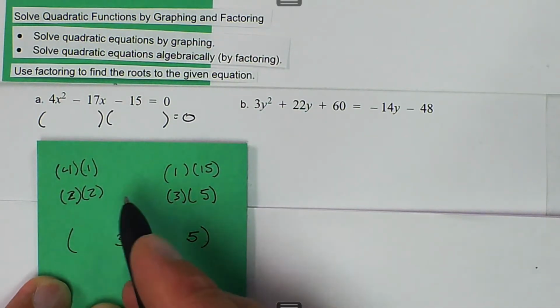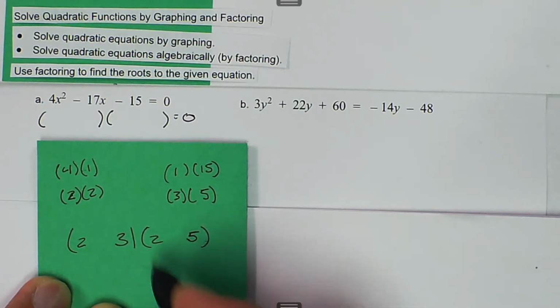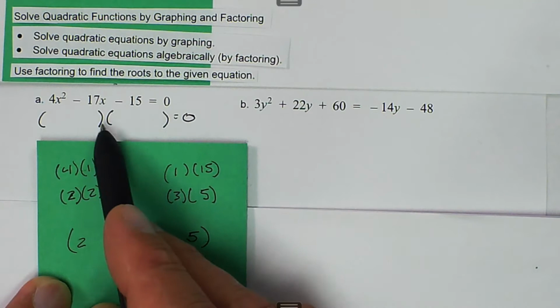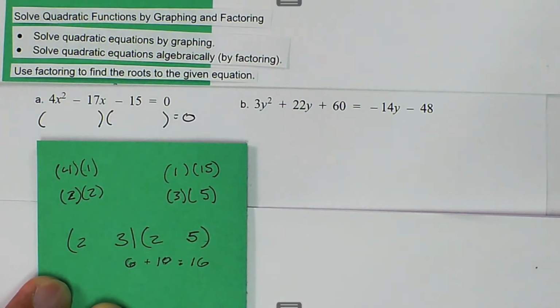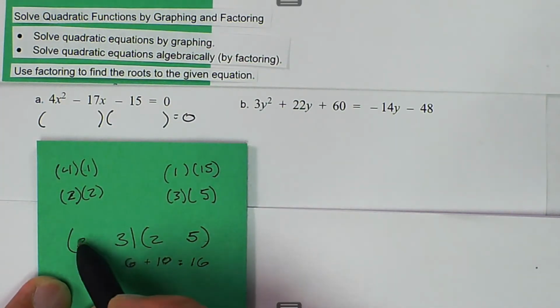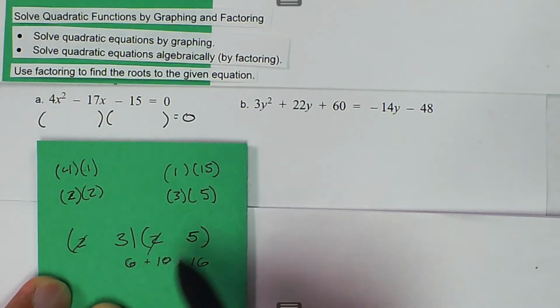So if I picked 2 and 2, 3 times 2 is 6, and 2 times 5 is 10. If I add these two together, that only gets me to 16. That doesn't get me to 17, and so I'm pretty sure that it's not going to be 2 and 2.